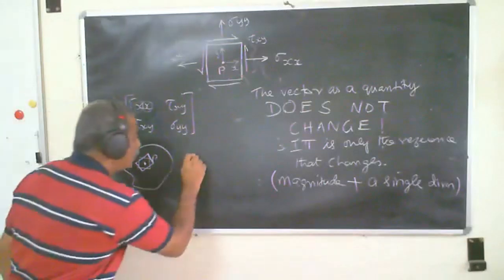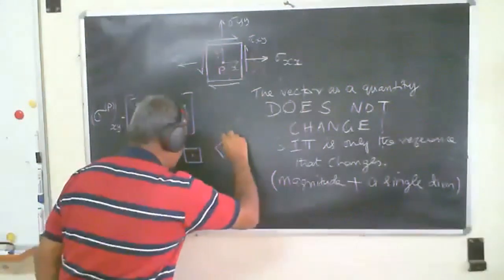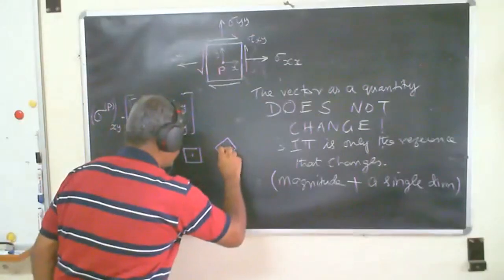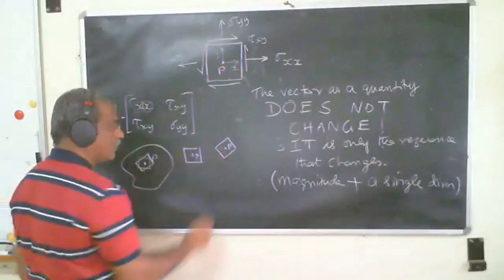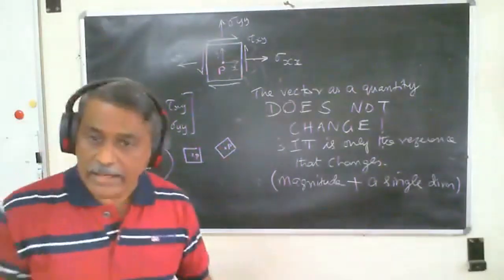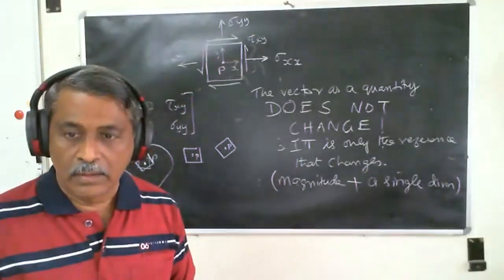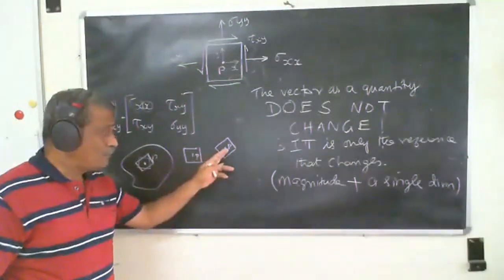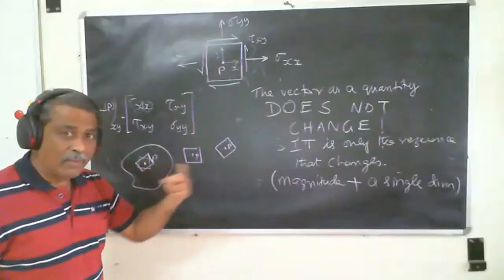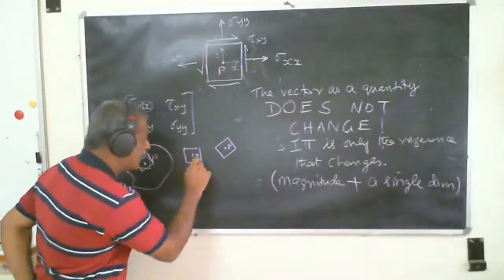So one is like this. The other is like this. The same point P. Can I choose like that? I want to describe the stress of the point P, by choosing two boxes. So this is dx, this is dy.